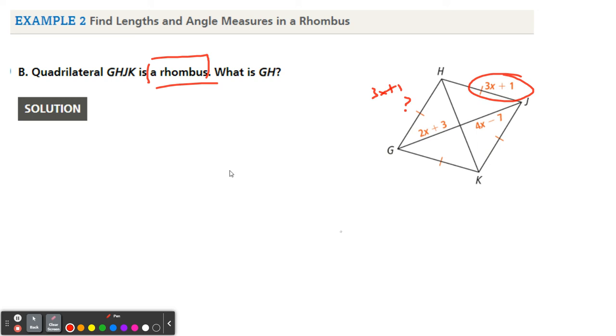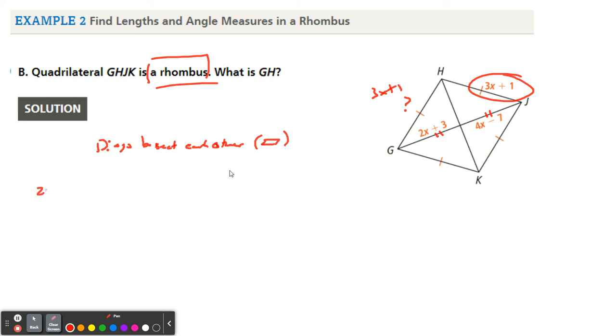But I do know that because it's a rhombus, it's a parallelogram, so these diagonals bisect each other. So this 2x plus 3 is going to be equal to 4x minus 7. Remember that the diagonals bisect each other, and that's because it is a parallelogram.